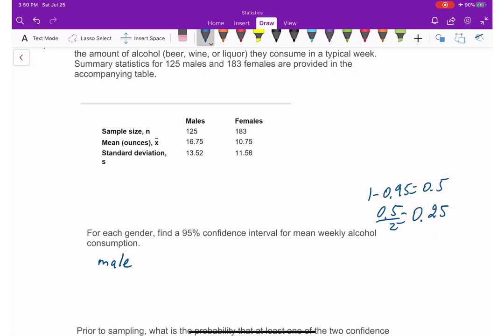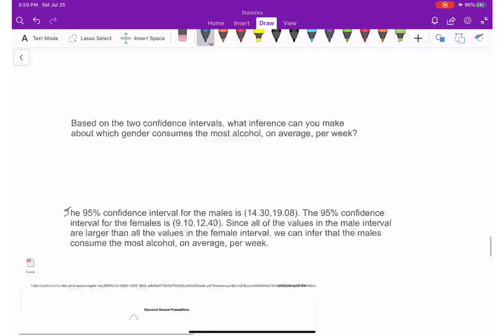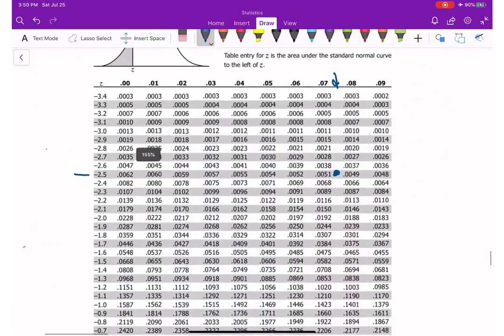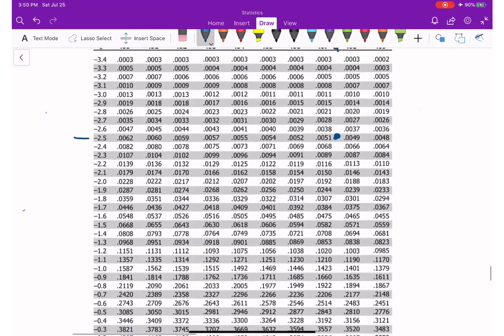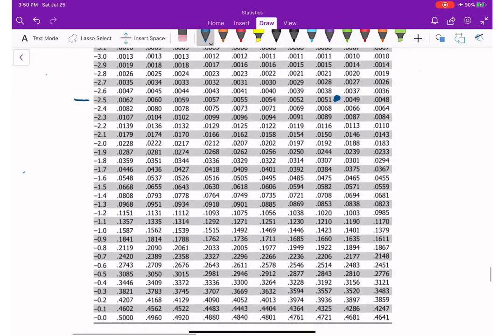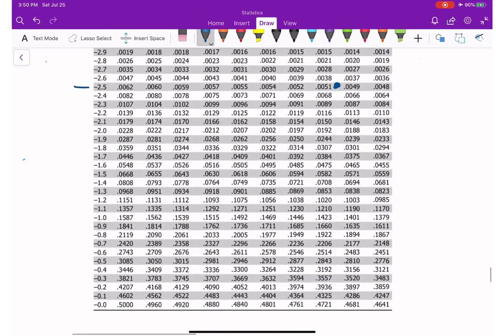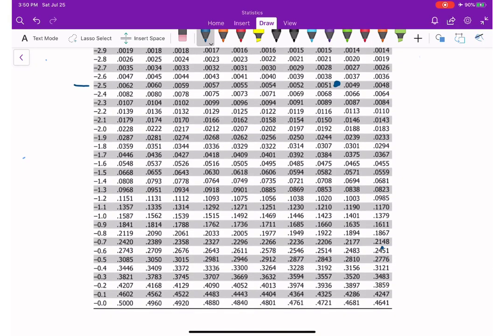Let's go find out Z critical. Z alpha, Z critical, how much will be? 0.25. Do we have anything closer? No, I think it's between these two, right?